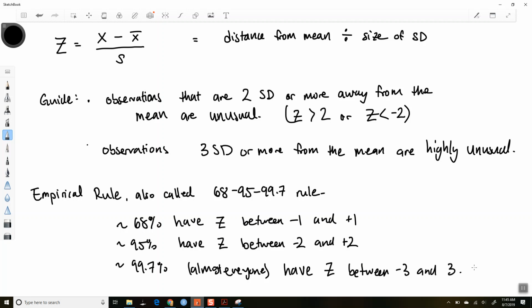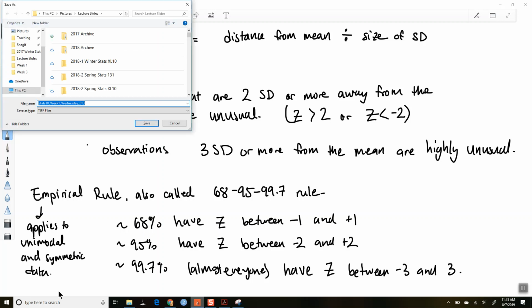Okay, and this applies to unimodal and symmetric data. So things like heights, standardized test scores, and things like that.